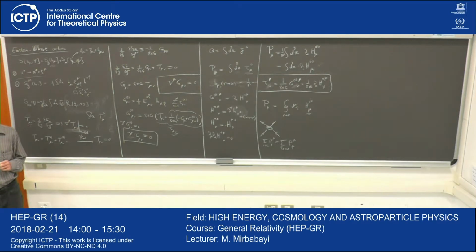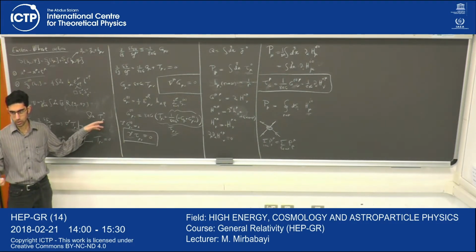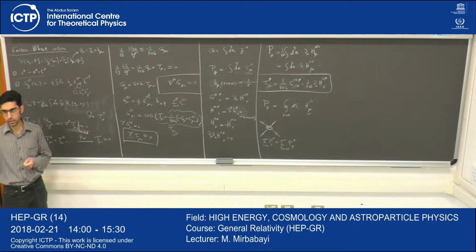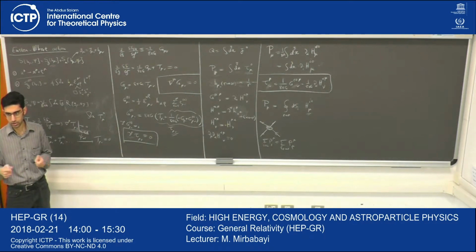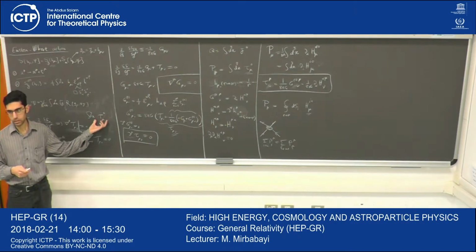There is a very good reason for that, because you also have some energy in the gravitational field. This object vanishes when you set matter fields to 0, but obviously matter fields can give their energy to gravitational fields, so there cannot be a conservation that is only based on this T mu nu.